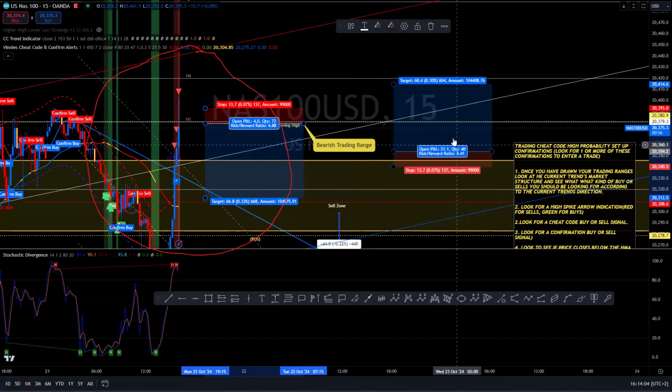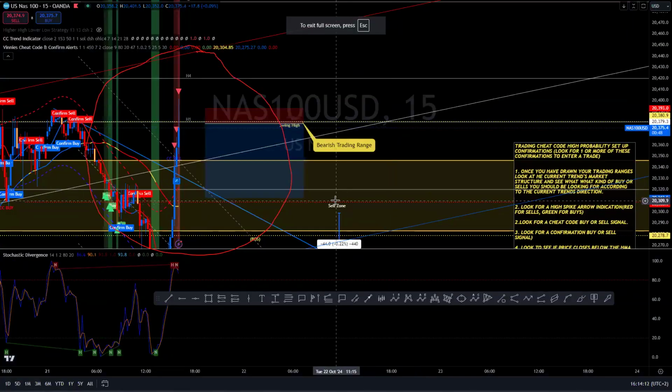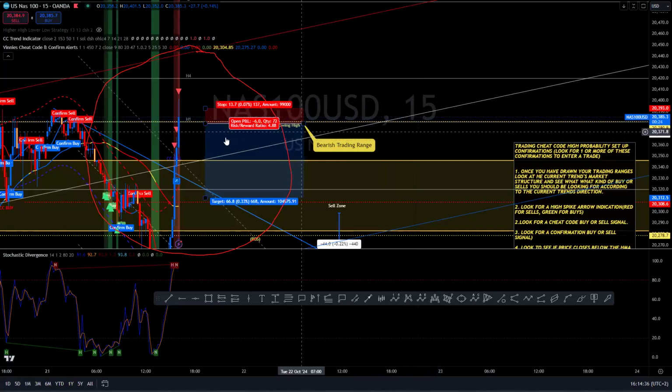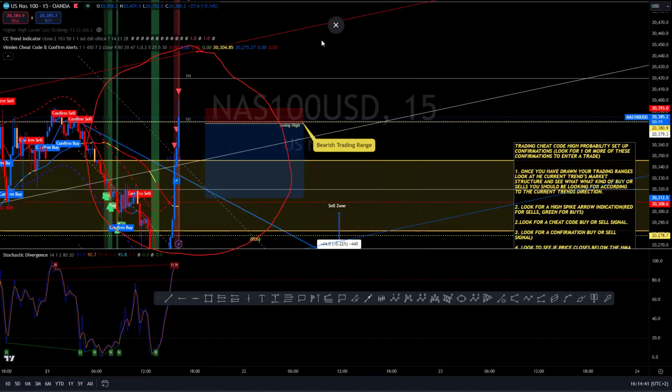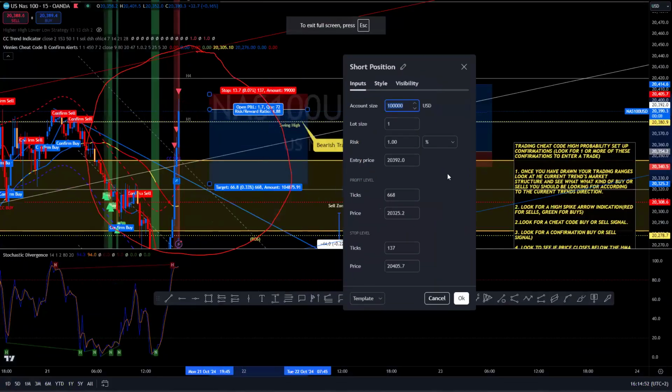Let's see what this next candle does, guys. Next candle is closing.